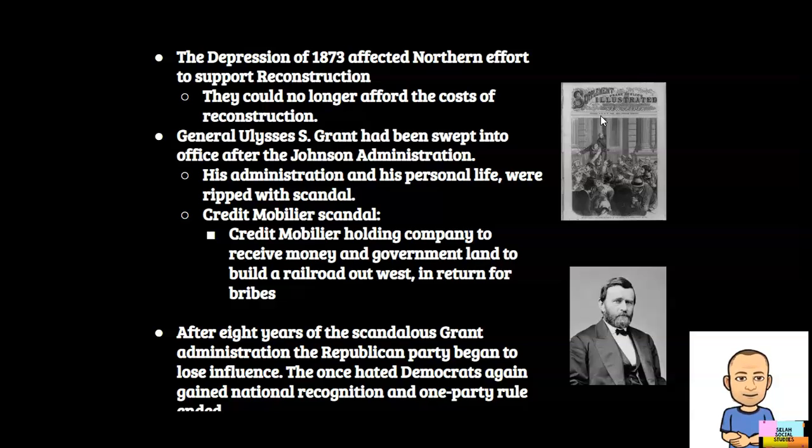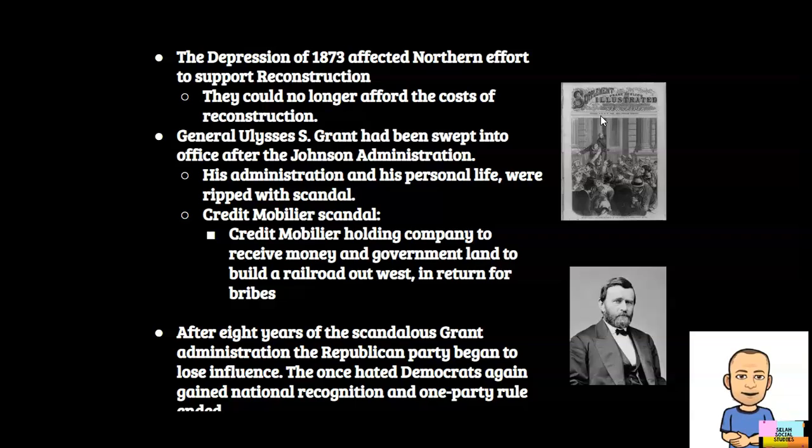And less than a decade after the war was over, the Depression of 1873 struck this country, and the northern merchant economy felt the worst of this depression. Since the South had seceded from the Union, they had to create their own money and monetary system, and after the war ended, it was the North who was burdened with paying that bill of Reconstruction.